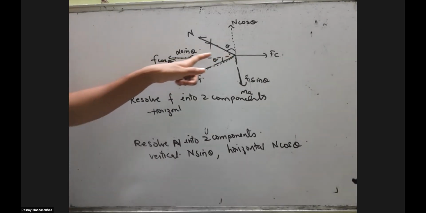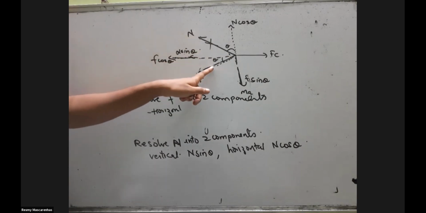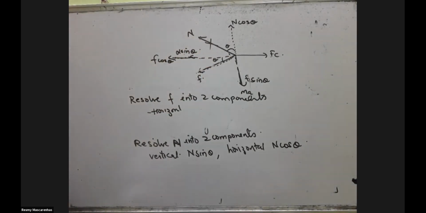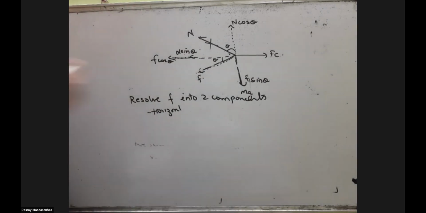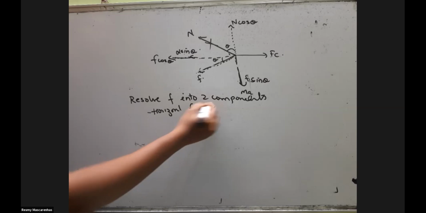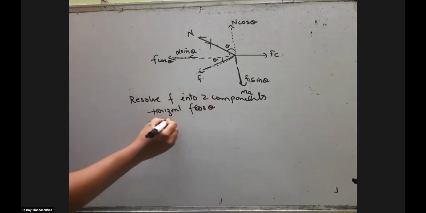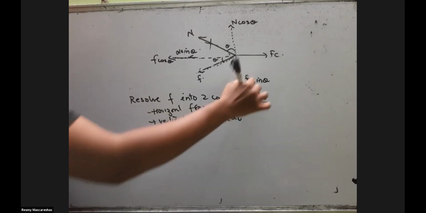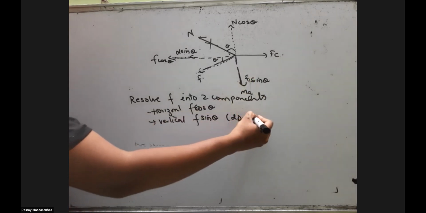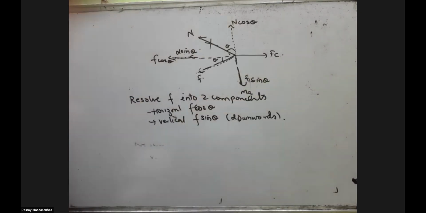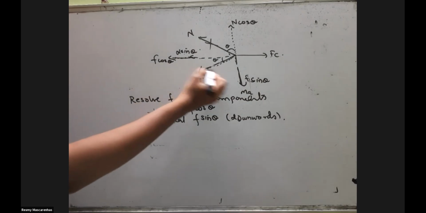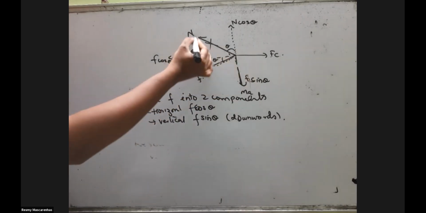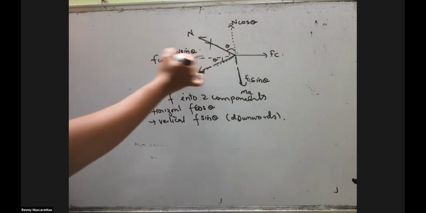Two horizontals will come, one of N and one of F. The horizontal is F cos theta and the vertical is F sin theta. This is downward. Why? Because the arrow is coming this side. Here the arrow was going up. So that's why this was this side.